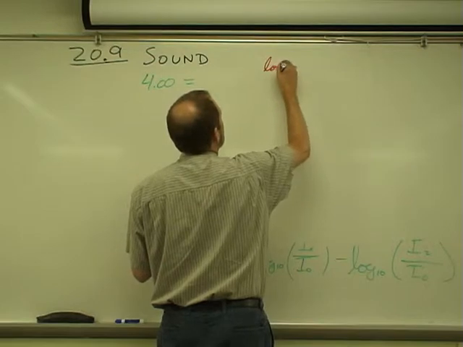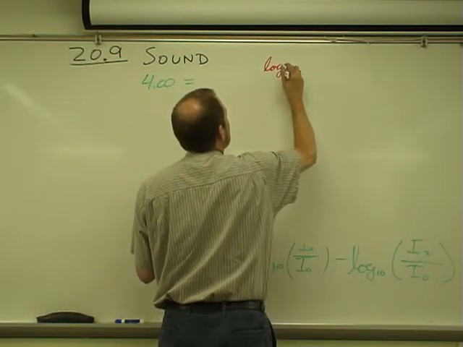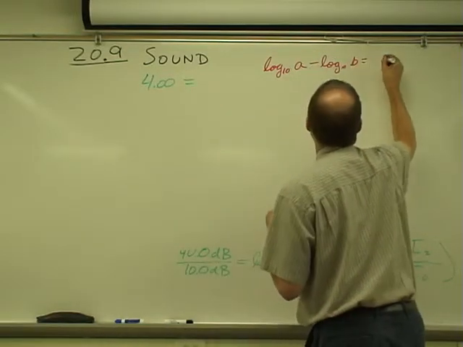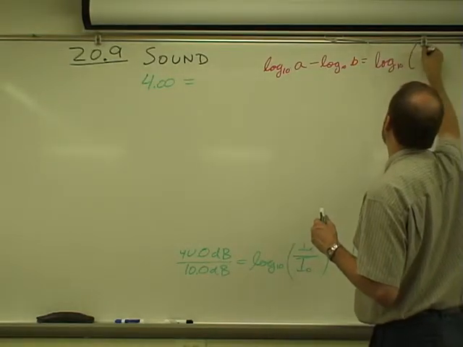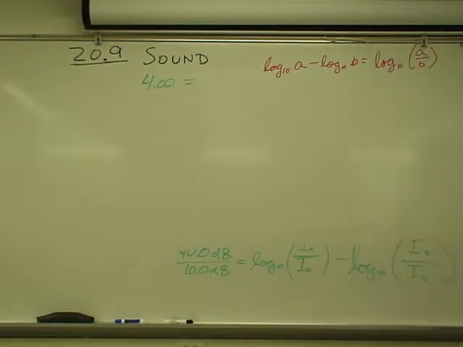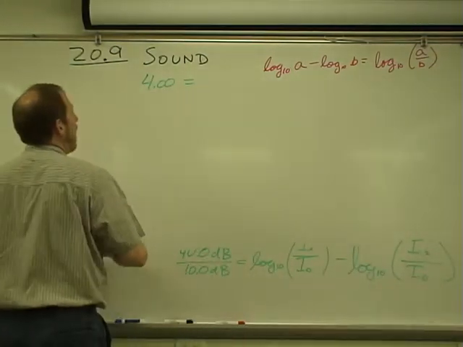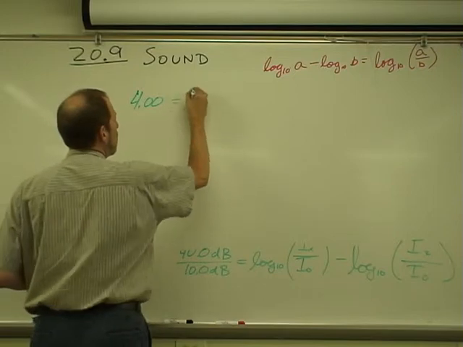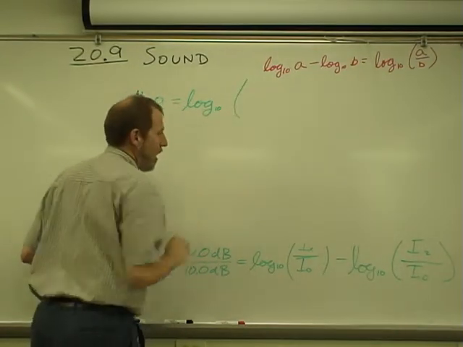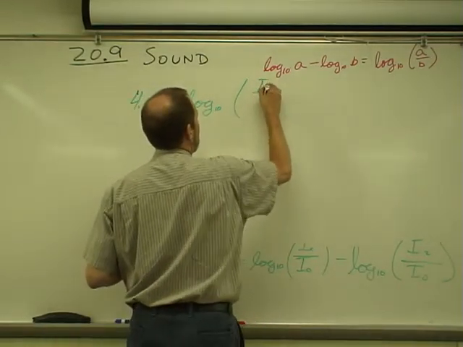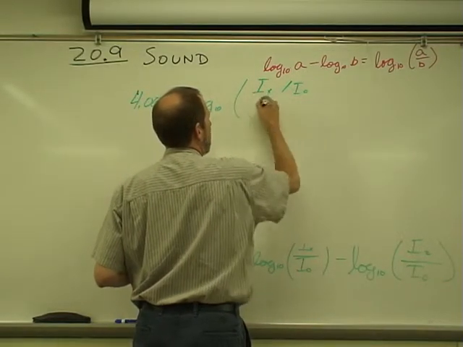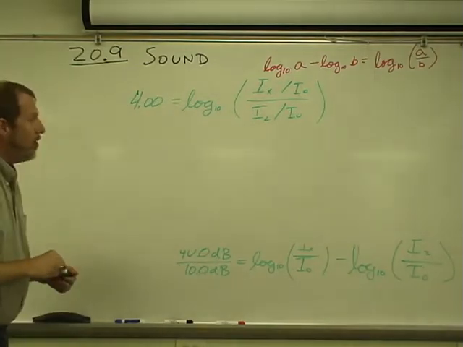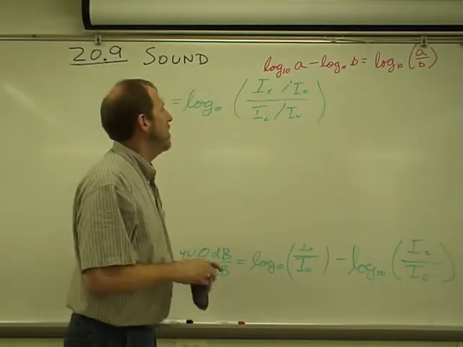If I have the log base 10 of thing A minus the log base 10 of thing B, that is equal to the log base 10 of A divided by B. So I have that 4 is equal to the log base 10 of the intensity at position X divided by I naught, divided by the intensity at 2 meters divided by I naught. These two reference intensities cancel out.